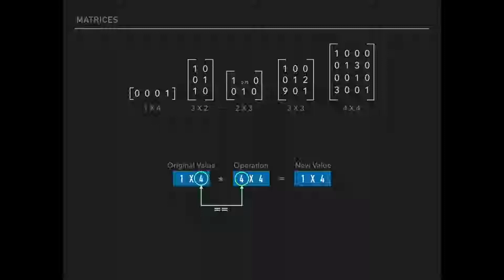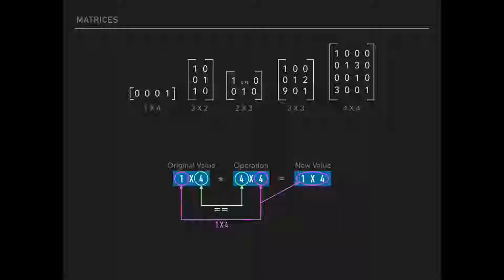So those are 4 and 4. If those were 3 and 2, this would not work. You cannot do operations on matrices with invalid dimensions like that. But you'll wonder, oh, well, the new value is 1x4. Where does that come from? Well, right here. This is where the 1x4 comes from. This is just a really quick way to remember exactly how. If you actually do the multiplication out, you'll notice this comes out to be a 1x4.